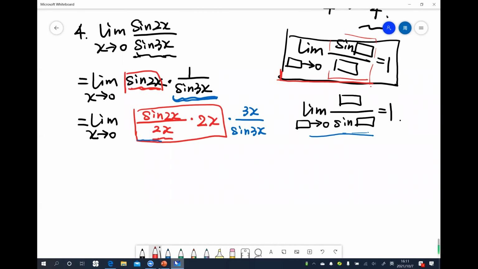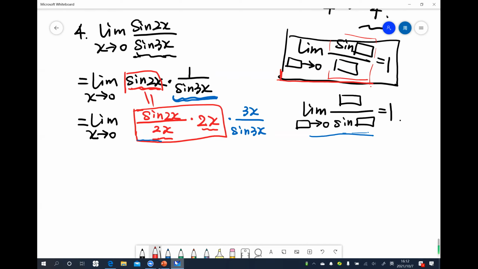But if we divide 2x here, we must times 2x to make these two parts equivalent. Right? Yeah. Can be cancelled. And the second part, how can I write 3x by sine 3x? Sine x. He's not finished yet. Yeah. Okay, thank you. Yeah, I'm not finished.